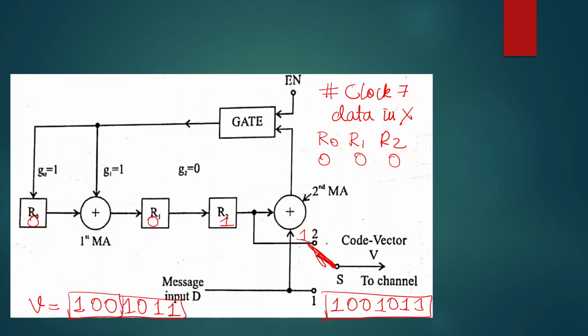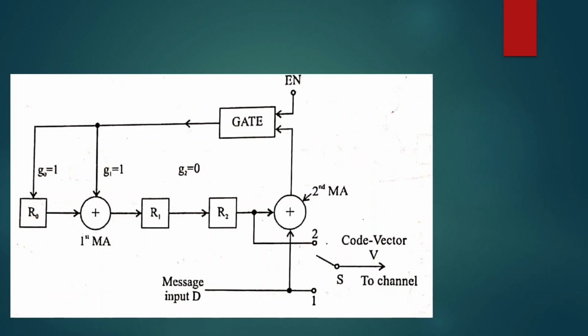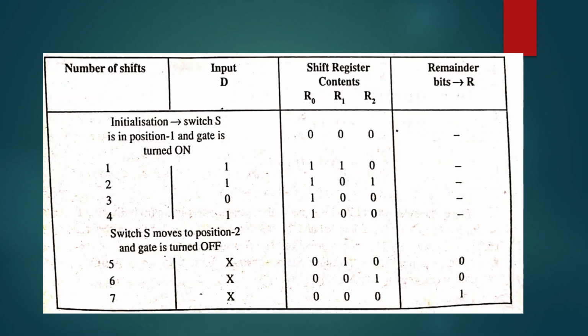So let us consider the method that we have used. So this is the truth table. We can signify all the operations that I showed instead of writing the diagram every time. So we can write it like this. That means initialization, whenever we are starting, the contents of the shift registers are 0, 0, 0.